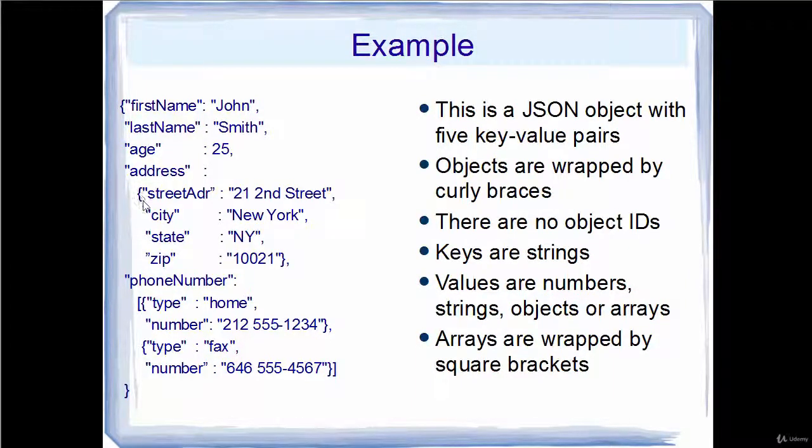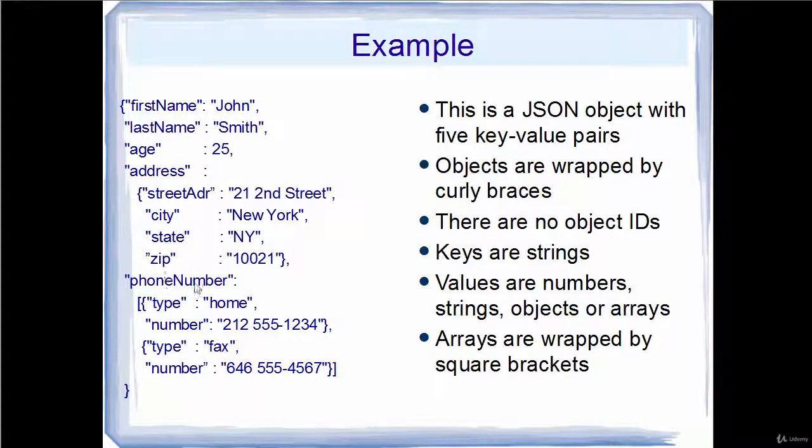So an object is nothing but the combination of these key value pairs, and they are created using curly brackets. So this whole thing is an object. The combination of street, city, state, and zip is an object, right?